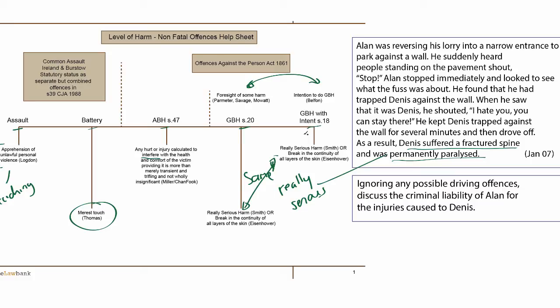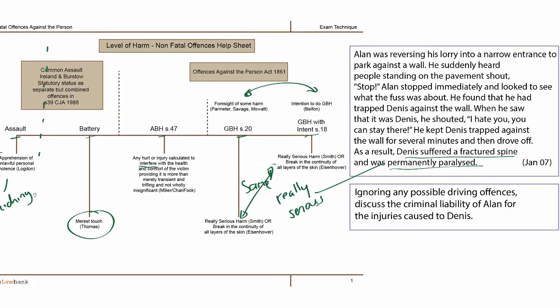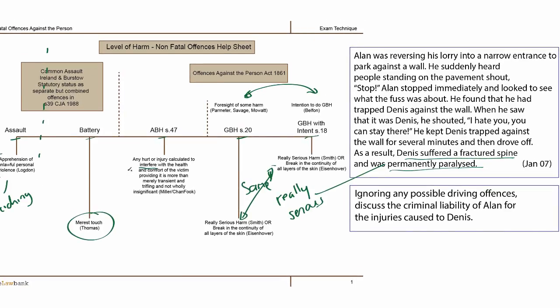Now, here's one clear thing that you need to be able to do, and it's the last point that I'm going to make on this video. With the exception of assault, so forget assault, when you are discussing which offence is applicable, you are always going to have to discuss two and discount one. So you are going to have to say, is this a battery or is it ABH?